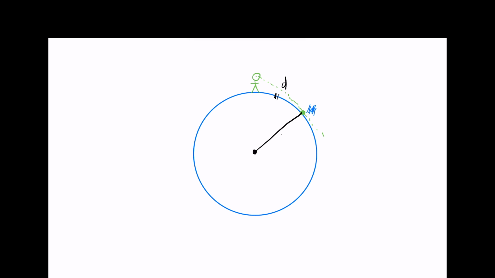Now, if you draw the radius of the circle to the horizon point, we'll call that R, and you draw the radius up to the surface where the person's standing as R for radius, and also add in the person's height above the surface, H, that's the height to their eyeballs, we actually have a right triangle that we can use for our calculation.